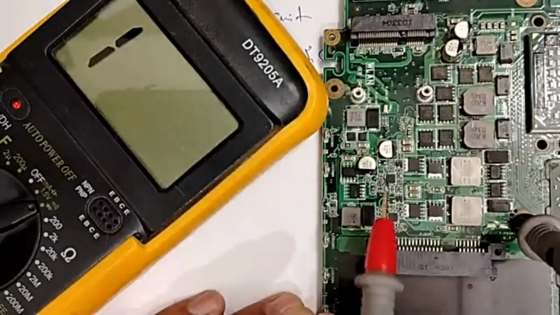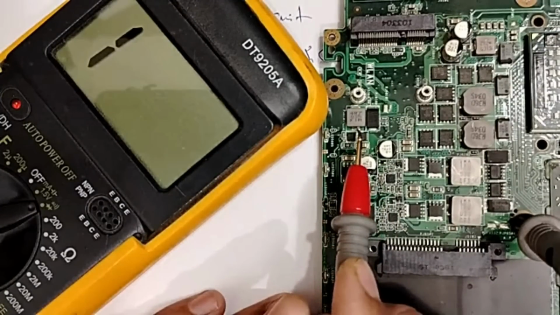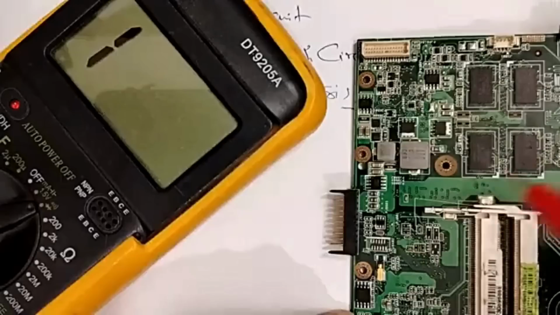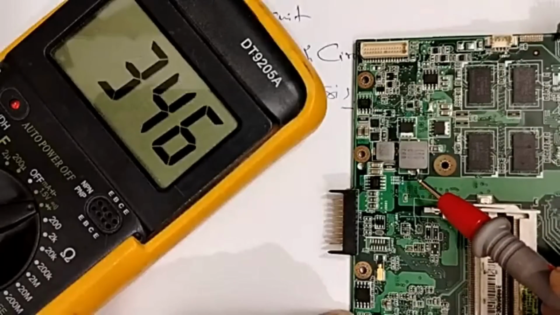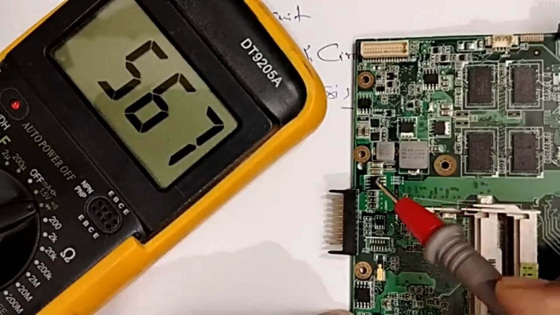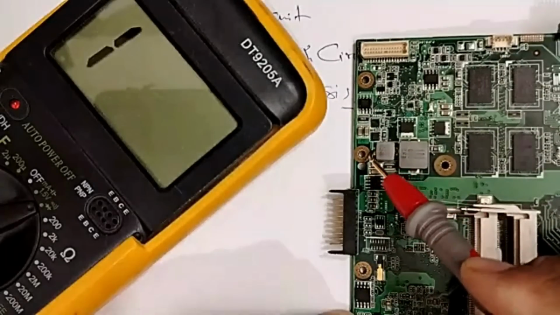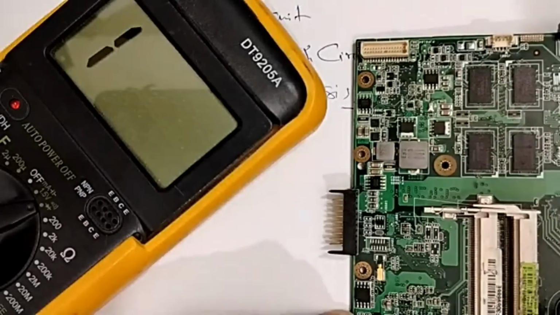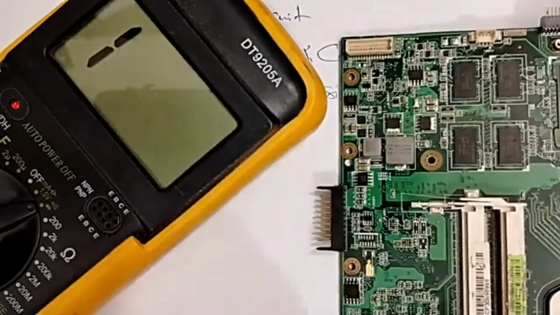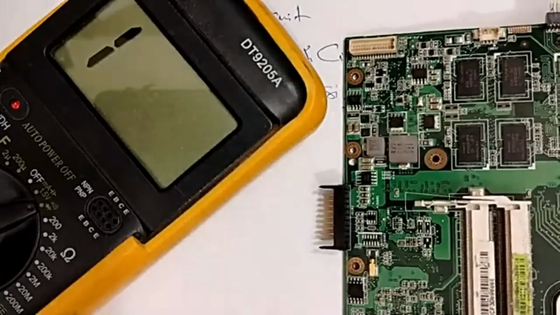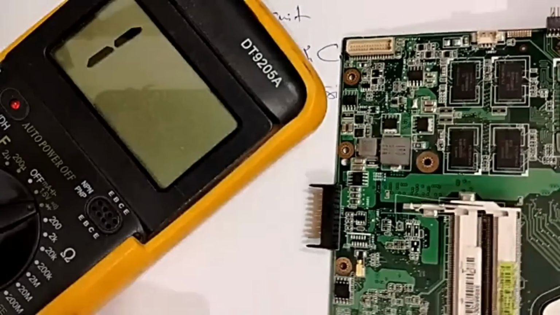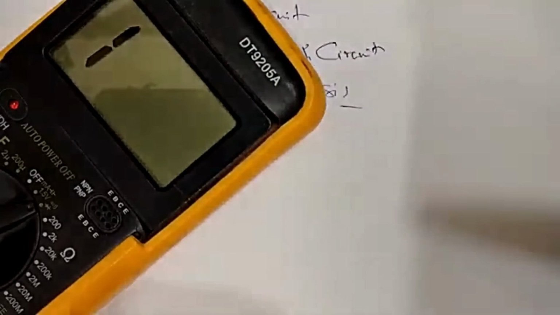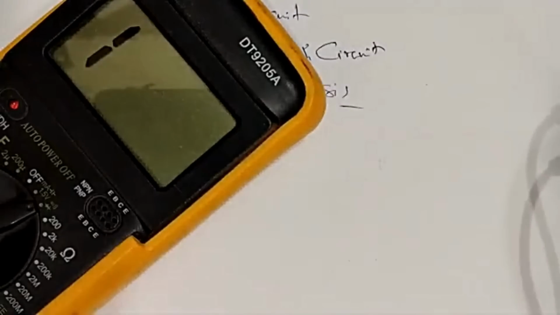Here we don't have a short, in this side we don't have a short. Here means no short, we have a high reading. Here, no short. Good. So this is how we can check all circuits, except circuits near the processor, basically the CPU circuits.